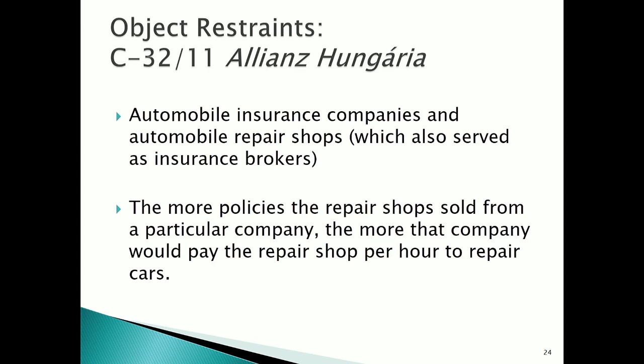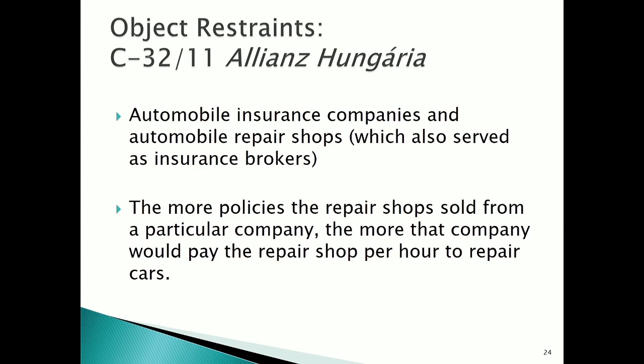It's a vertical contract, but that in itself is not necessarily a problem. Okay. So the more Alliance Hungaria policies you sell at one side, the higher you're paid at the other side of your business, right? So does that provide an incentive to sell anybody else's insurance policies?